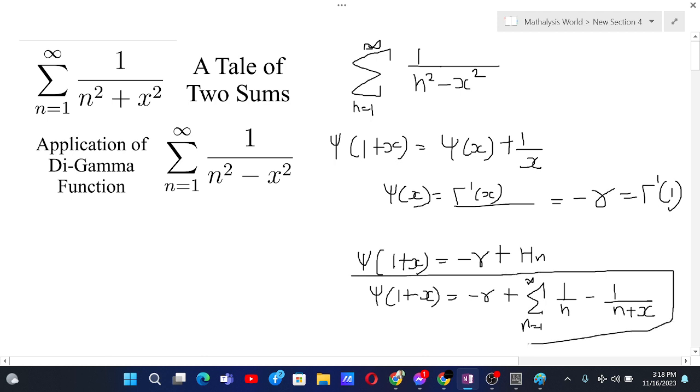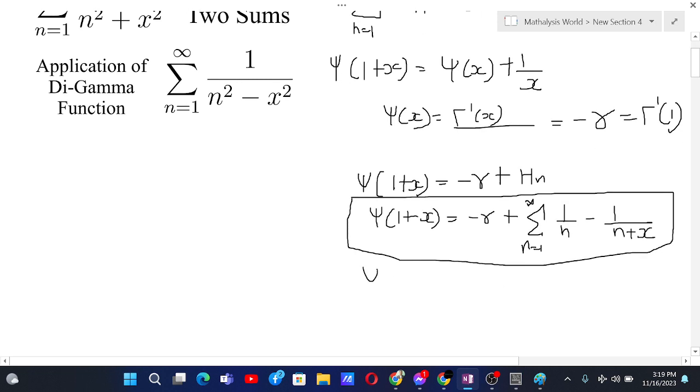Now if we have this, we can have another property too. Digamma of 1 minus x will be negative Euler-Mascheroni constant plus the sum from n equals 1 to infinity of 1 by n minus 1 by n minus x.